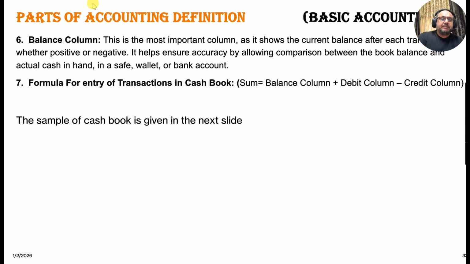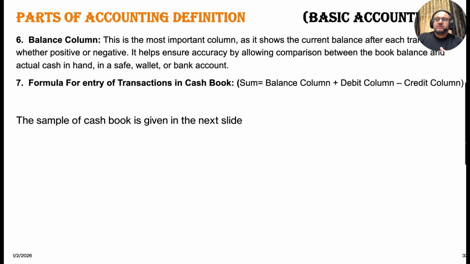So in the balance column, this is the most important column, as it shows the current balance after each transaction, whether positive or negative. It helps ensure accuracy by allowing comparison between the book balance and actual cash in hand in a safe, wallet or bank account.